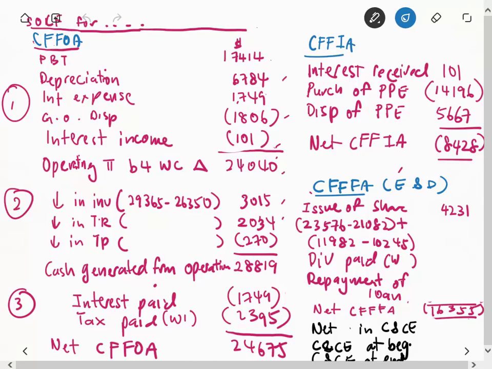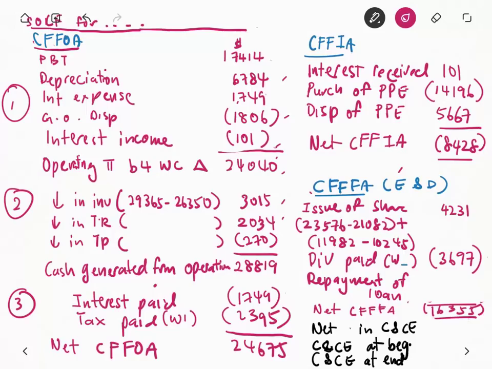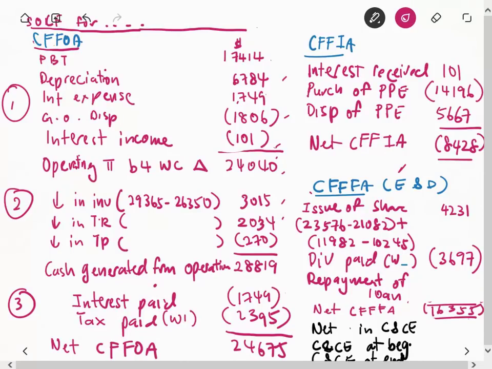Because we issued shares, we have a dividend paid. Refer to your working, whatever number, it will be 3697. Any marks? Bracket, because dividend paid. Okay? So equity, share, and dividend done.